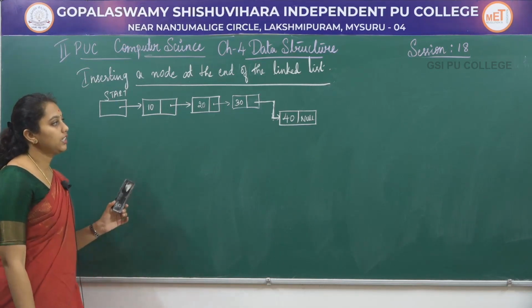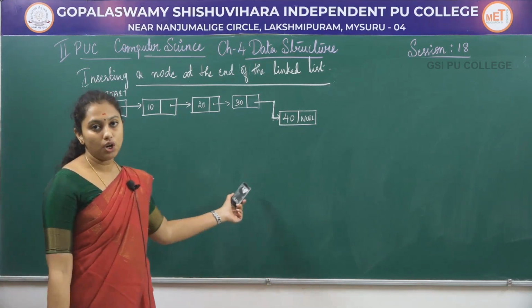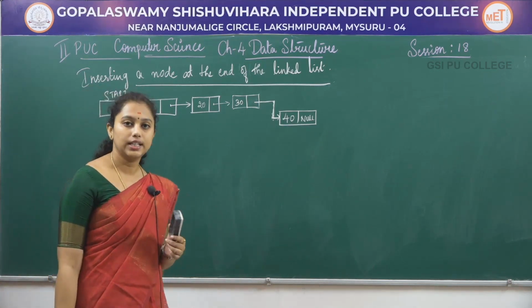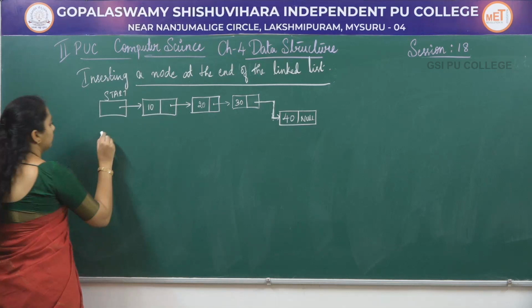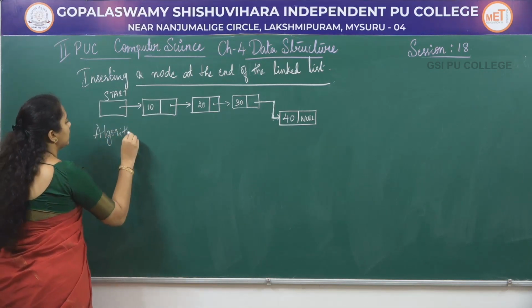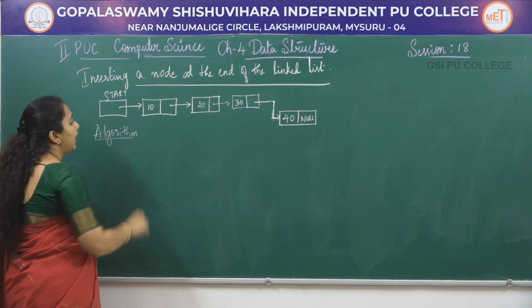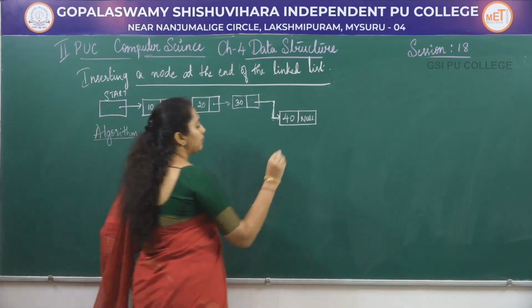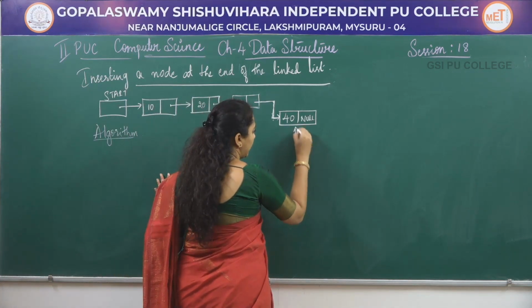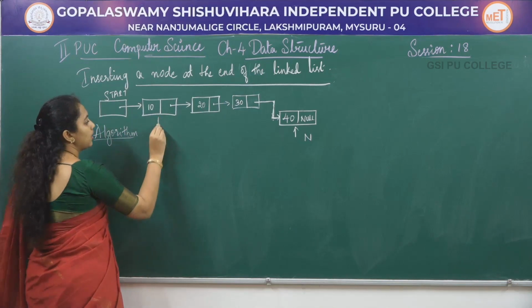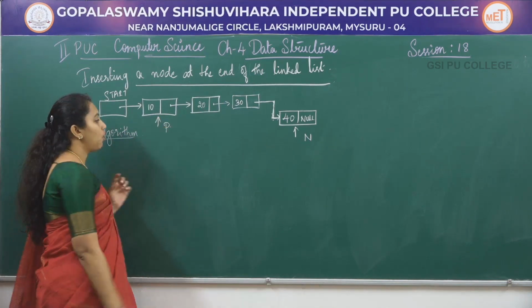Now let's see the algorithm for inserting a node at the end of the linked list. I am going to consider the new node as n and the first node with a pointer called p.